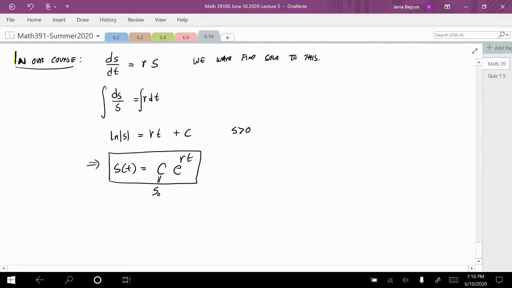Now, what if we involve k? What happens to it? So then we're solving ds dt is equal to r times s plus or minus k, right? Well, what is the solution to this differential equation? So what is s of t now?